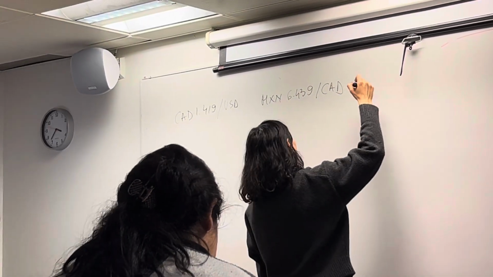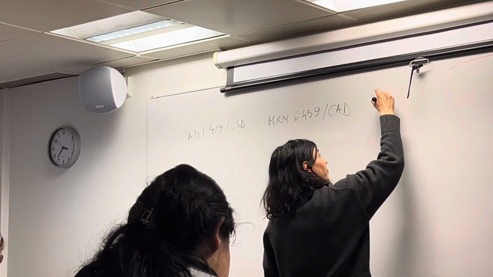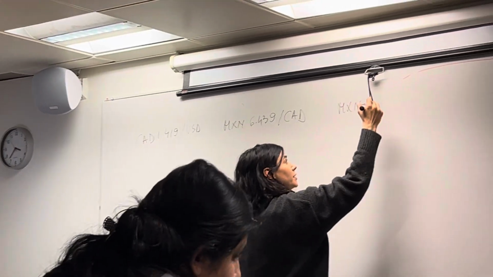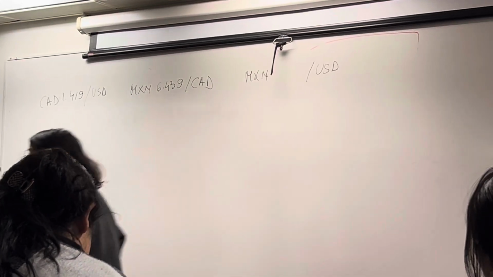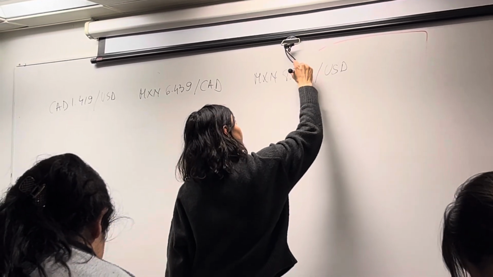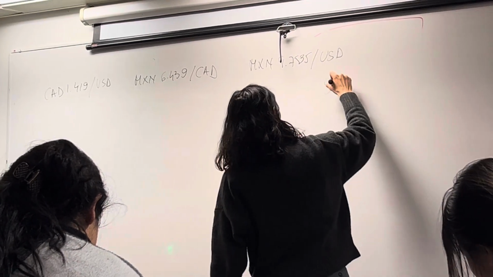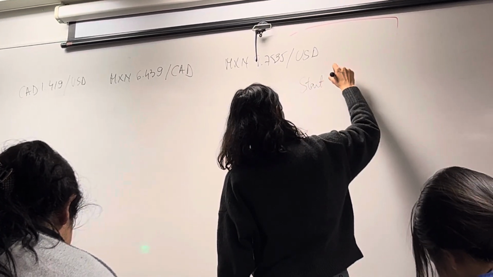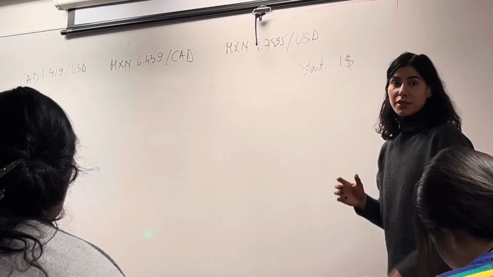Yeah, so this is the most basic or primitive way of trading. Okay, now USD, we start with this. So this is how we know that this is our vehicle currency.